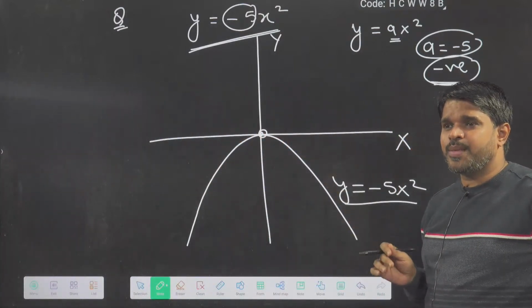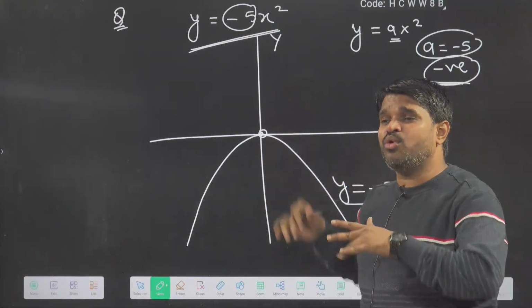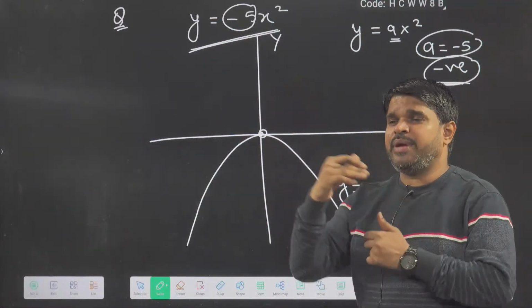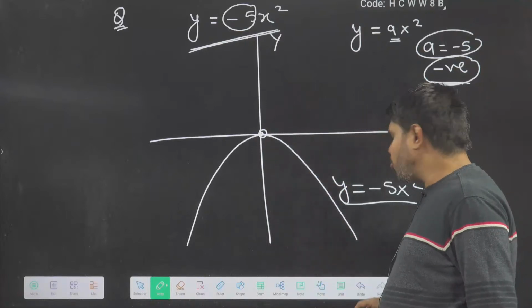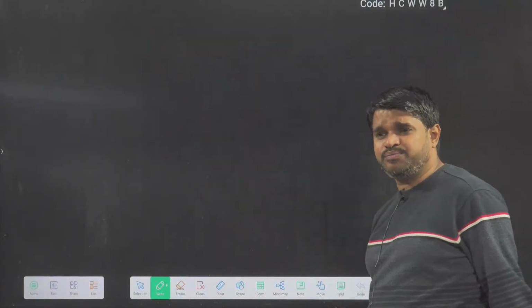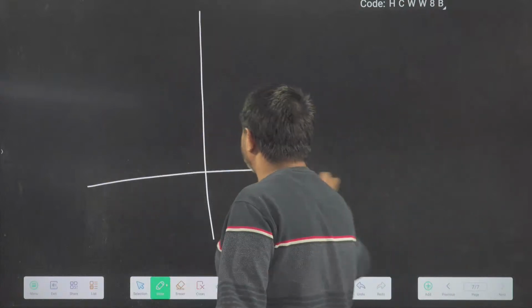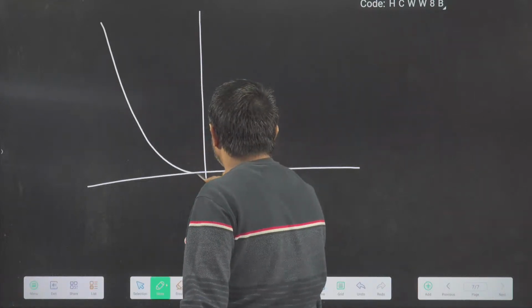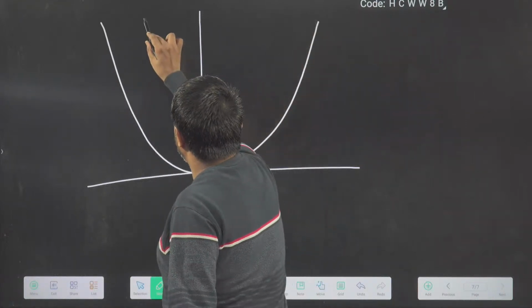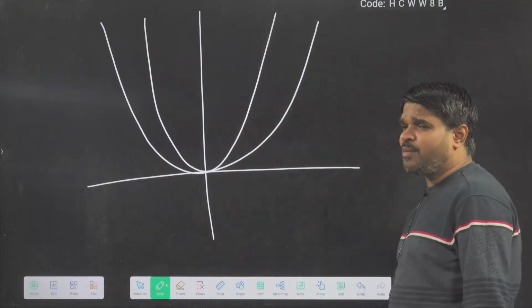Is this clear? Now we will compare two parabolas of this kind. Many times we need comparison also. So let's have it like this. This is one parabola, and this is another parabola. Both are parabolas.